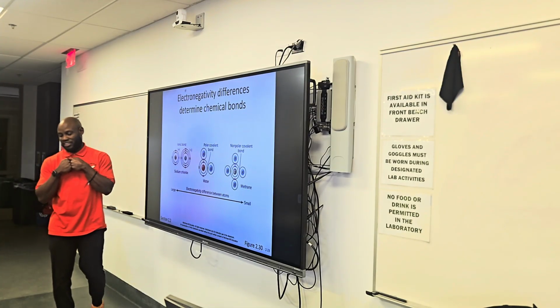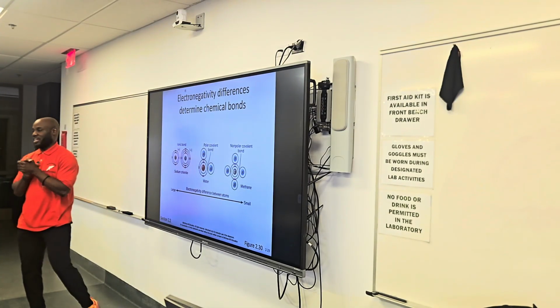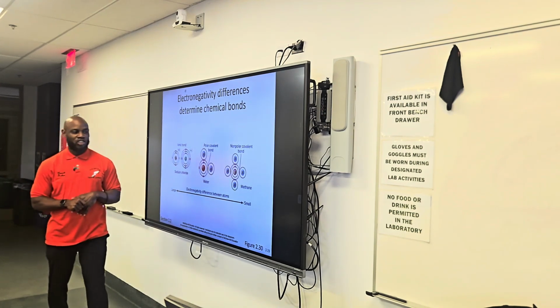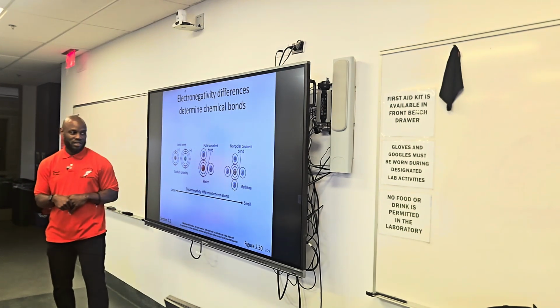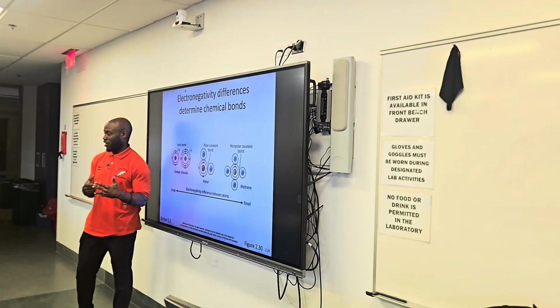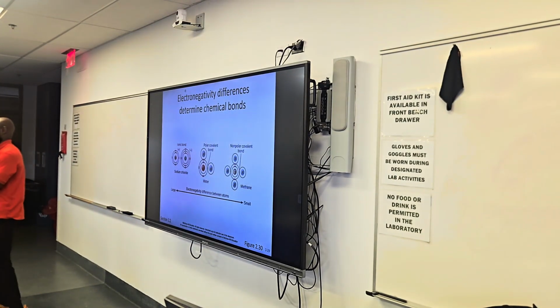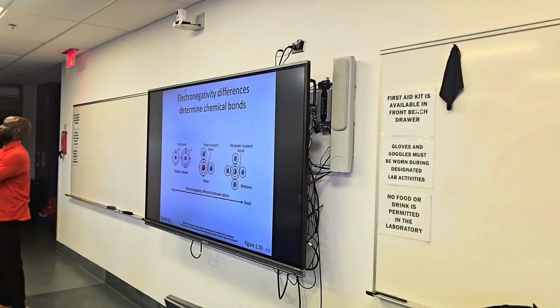The chlorine has a negative charge because it has one more electron than protons. And so this has a positive charge, this has a negative charge, and that positive and negative now attract each other, and that makes an ionic bond. Okay? So that's how electronegativity can play a role in how different things bind together.